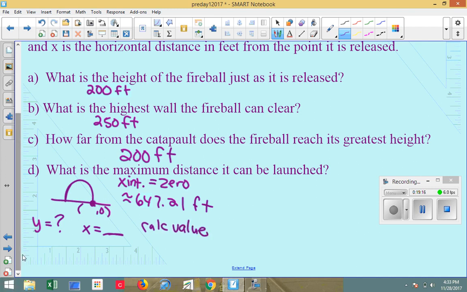The second thing we looked at was finding the vertex, and that's in the calculate menu, either minimum if it's a right side up parabola or maximum if it's an upside down parabola. And the last thing we talked about was finding the x-intercept.